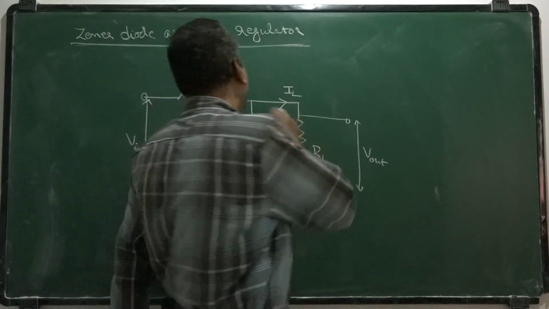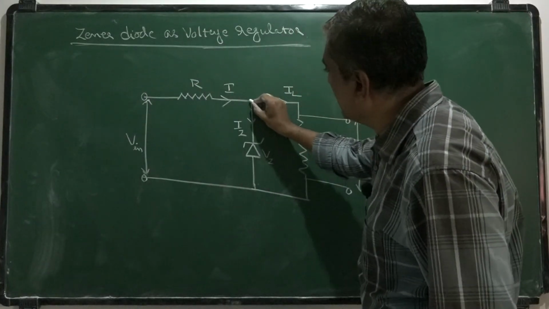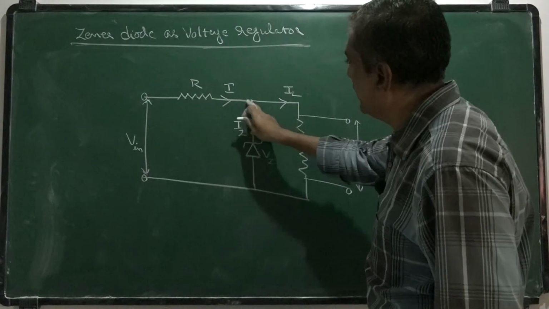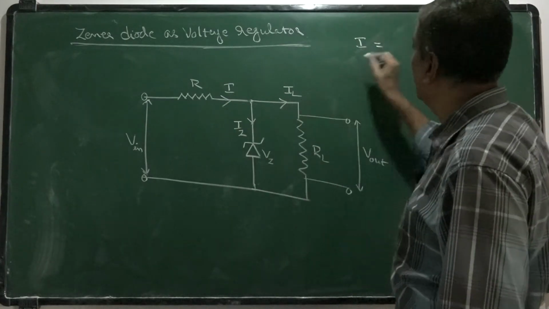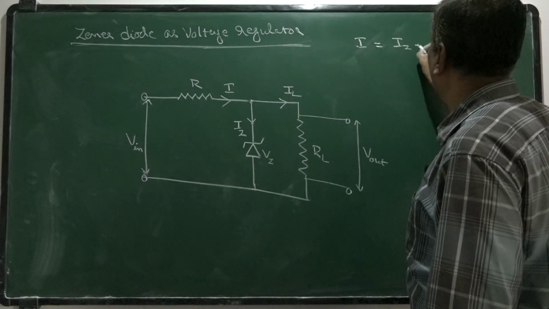Now applying Kirchhoff's current law at this junction, the incoming current I is equal to the sum of the outgoing currents, IZ plus IL.